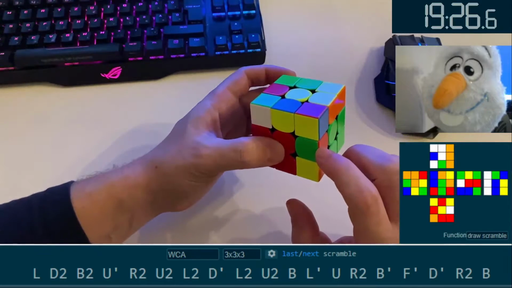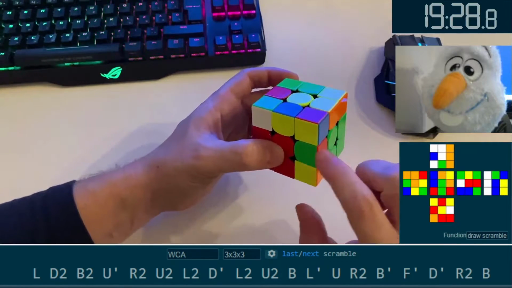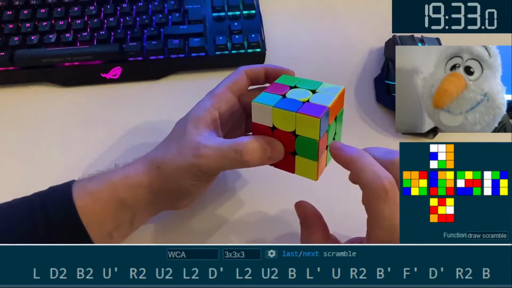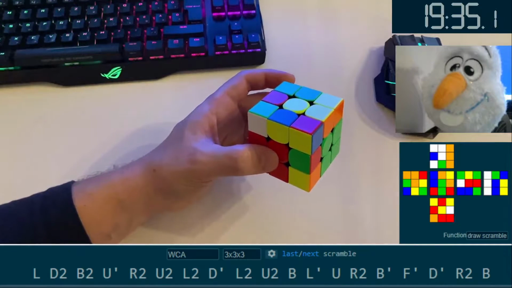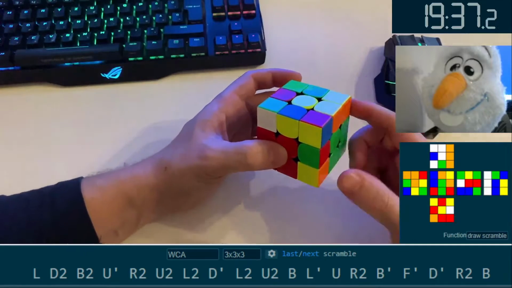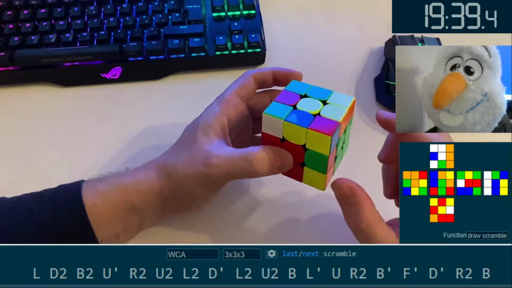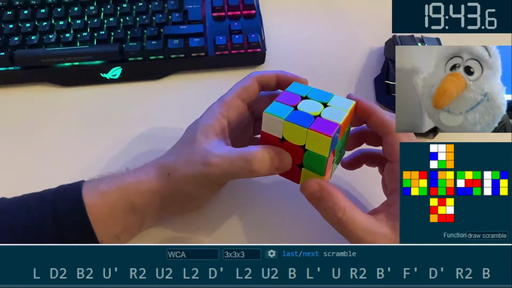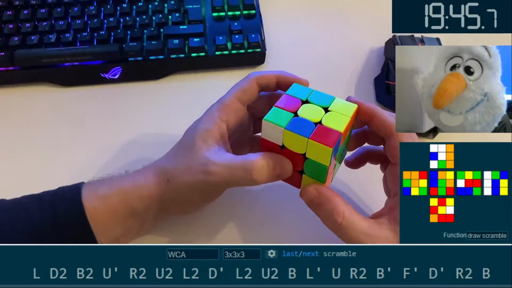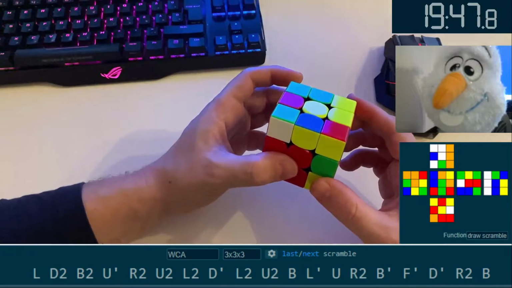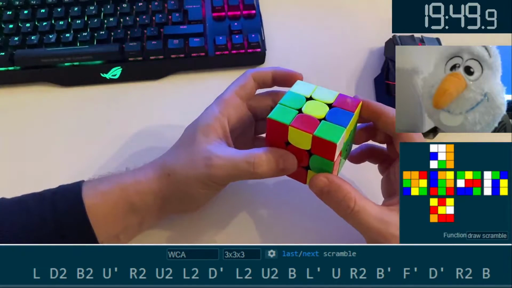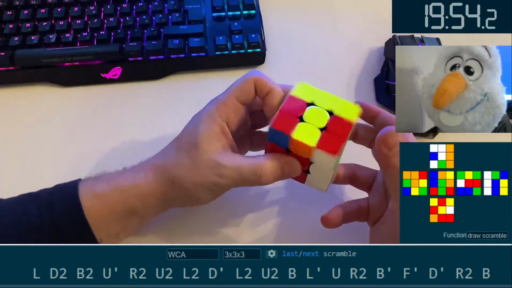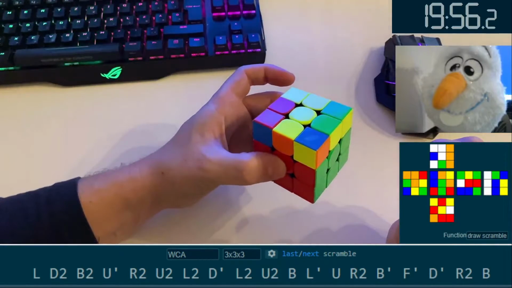This is a special one because the flipped edge came to this slot. For that, we always have an algorithm to proceed. In this specific case, it's okay, like this.